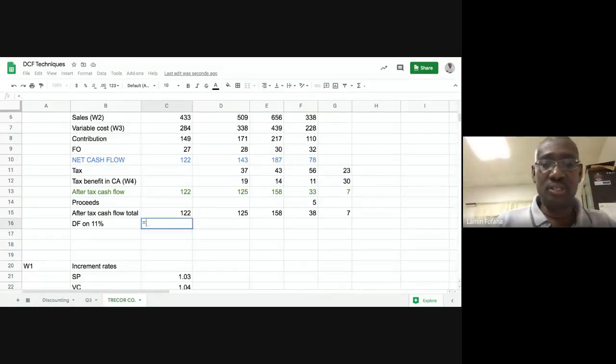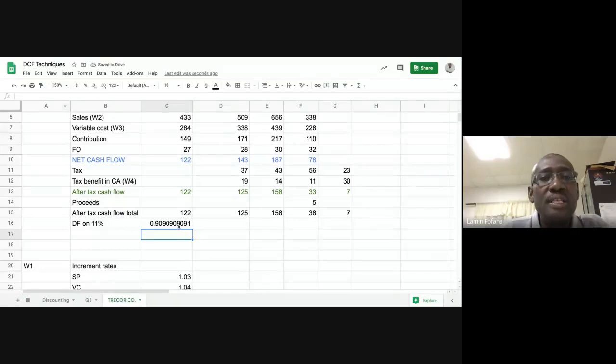We say equals 1 divided by 1.11, we close our bracket, 1 divided by 1.11 raised to power 1.